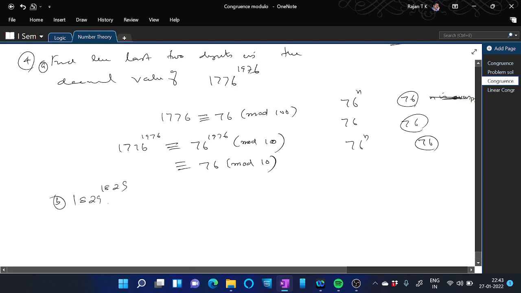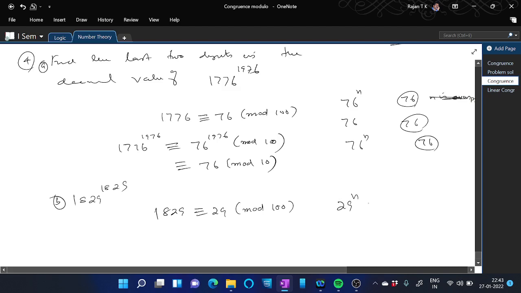You have to find the last two digits in the decimal value of 1829 raised to 1829. We know 1829 is congruent to 29 mod 100. Therefore, we have to find 29 raised to 1829 mod 100.